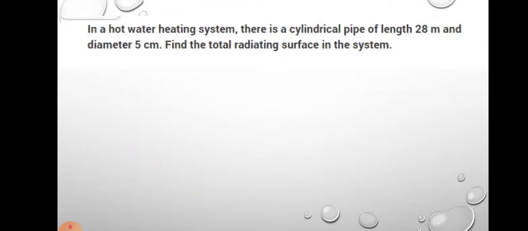Next question. In a hot water heating system, there is a cylindrical pipe of length 28 meter and diameter 5 centimeter. Find the total radiating surface in the system.